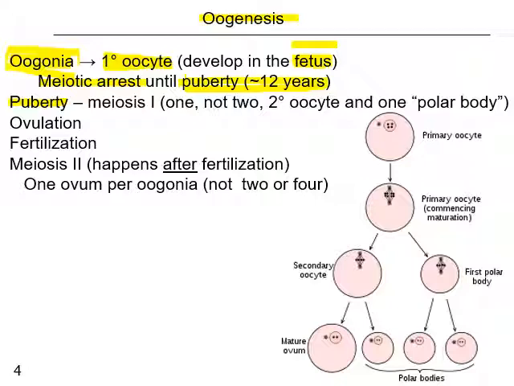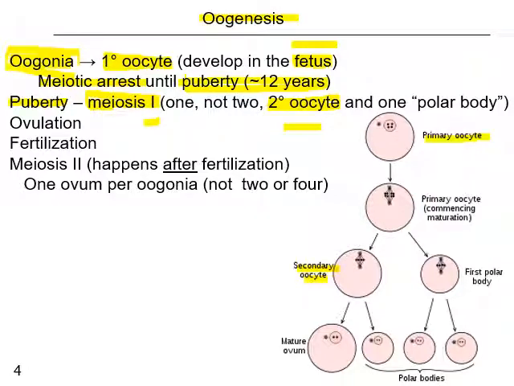The transition from primary oocytes to secondary oocytes happens when there is the first step of meiosis. So primary oocytes undergo meiosis 1 to develop into secondary oocytes. So one primary oocyte develops into one secondary oocyte.